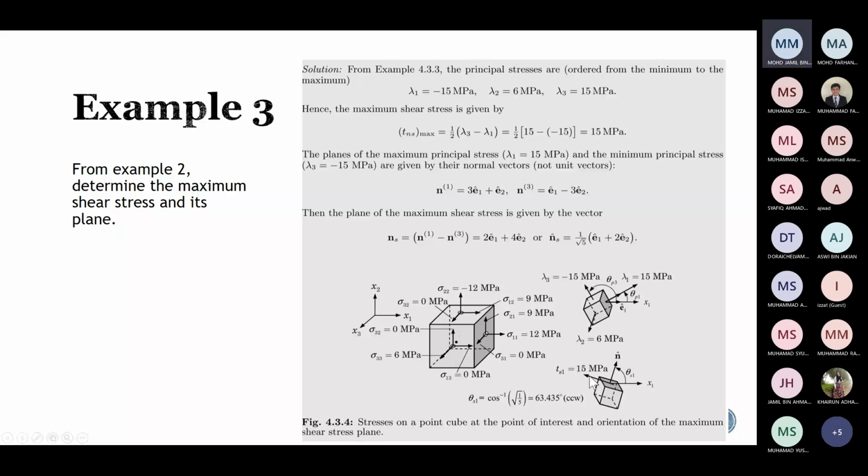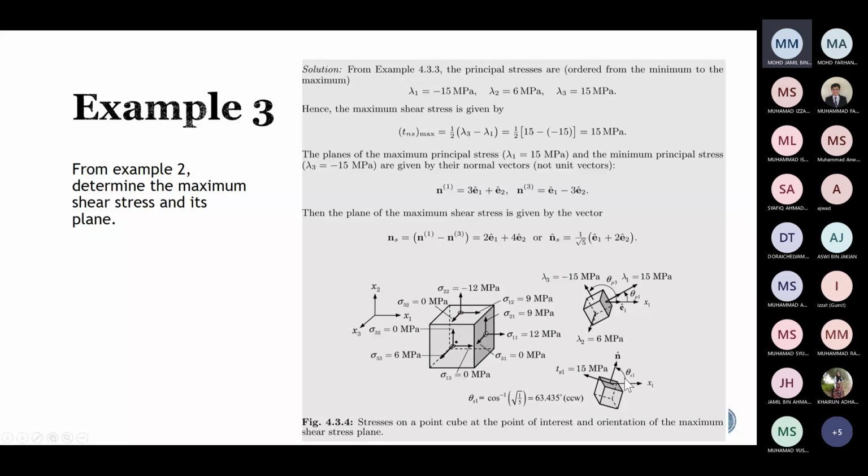The maximum shear stress is 15 megapascal, while we don't know at this point what the other stress components are. We know that at this point it achieved the maximum shear stress. Here it shows an example of how to calculate the angle.